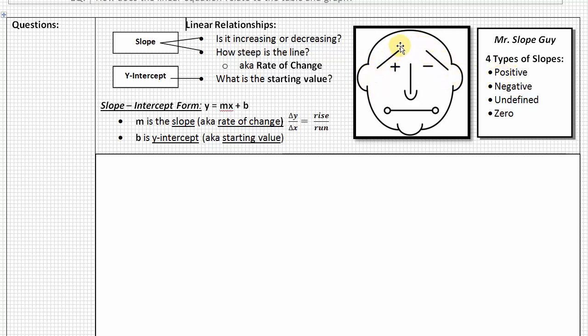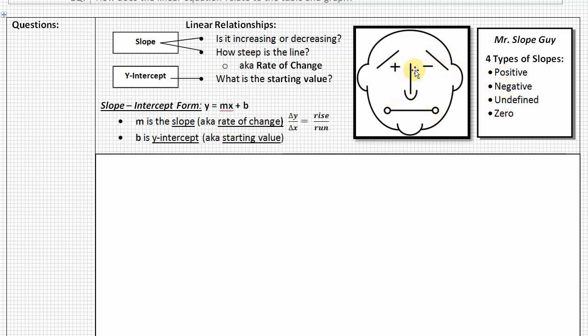If it's increasing and rising up as we read from left to right, then it's a positive slope. It's increasing. If it's decreasing as we go from left to right, it's going downhill, or a negative slope. Those are the first two.